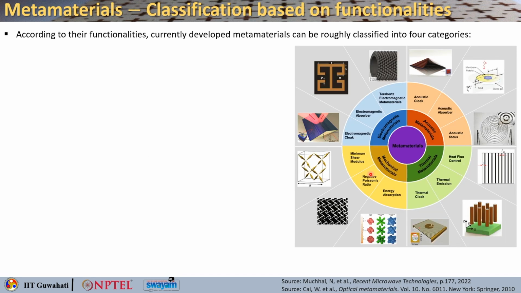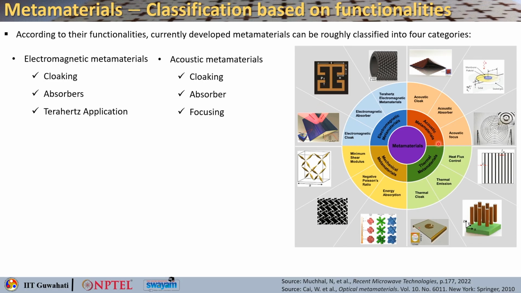Now, you can also classify metamaterials based on their functionalities. You can put them in 4 categories typically. The electromagnetic metamaterials, as we have described, can have applications in cloaking and as absorbers in terahertz applications. You can think of acoustic metamaterials, where you can make acoustic cloaks, absorbers, and focus acoustic waves.